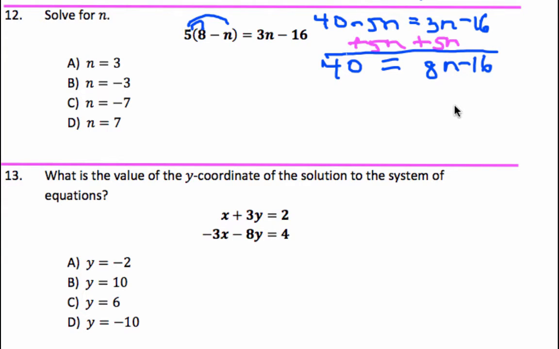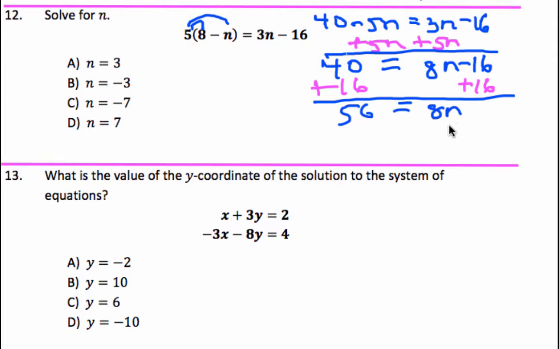Now we're closer to our solution because we have n on one side of the equation, but we don't want n with numbers equal to a number. We just want n equal to a number. So we'll add 16 to both sides, because in doing so, the negative 16 will go away. And adding the two equations together, we'll get 56 equals 8n.